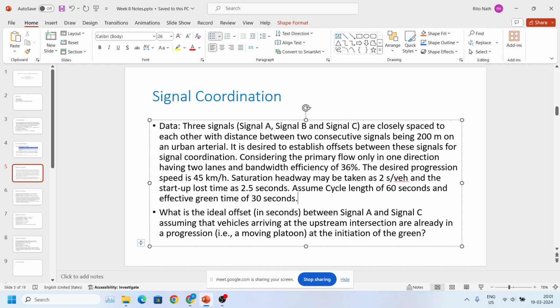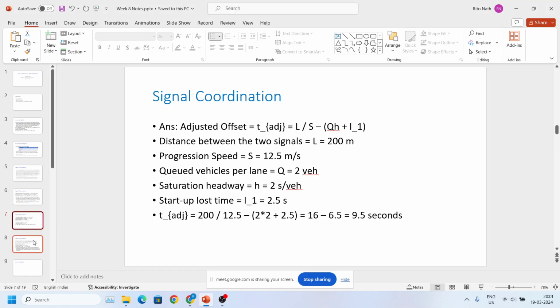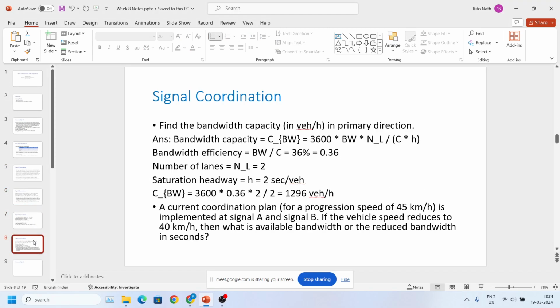Okay, so that should give you the overall data that you need to solve this problem. See what is there in the assignment. Yeah, so the effective green and the cycle length were given.